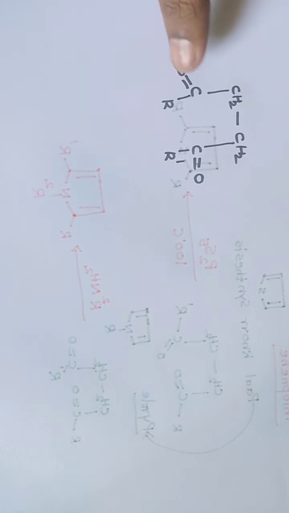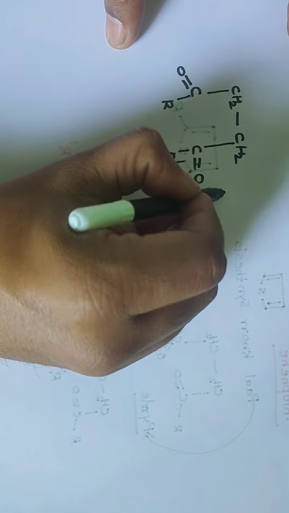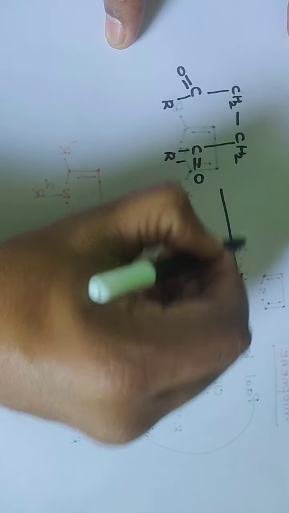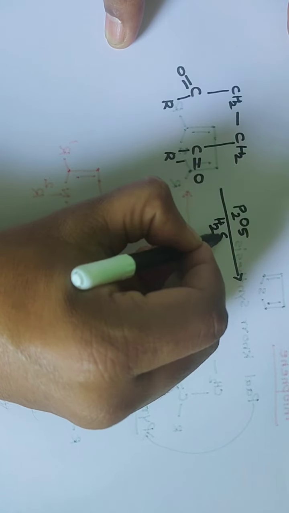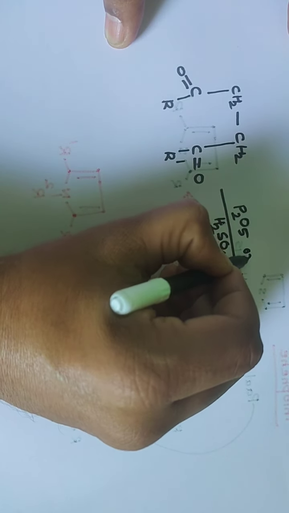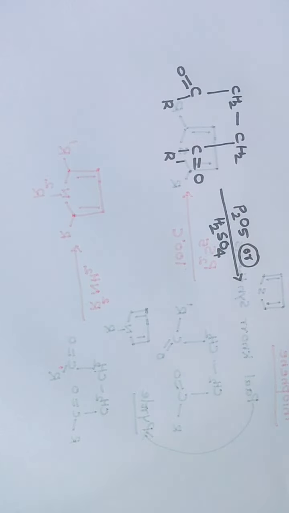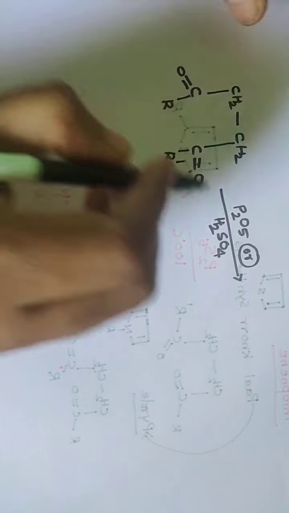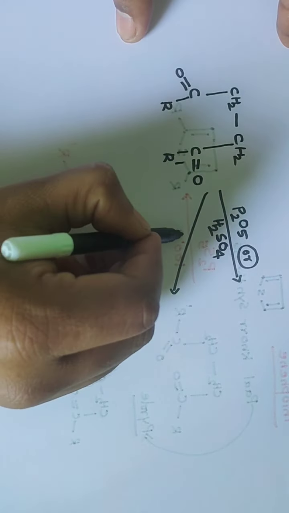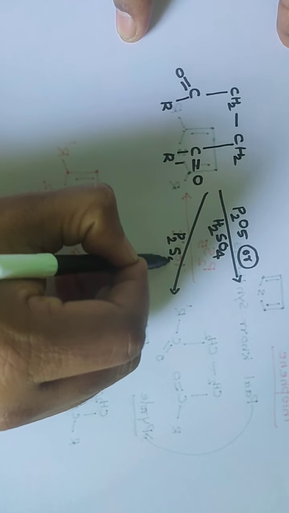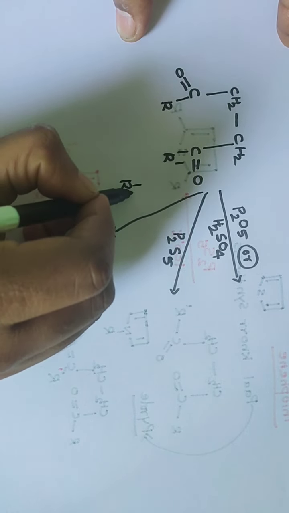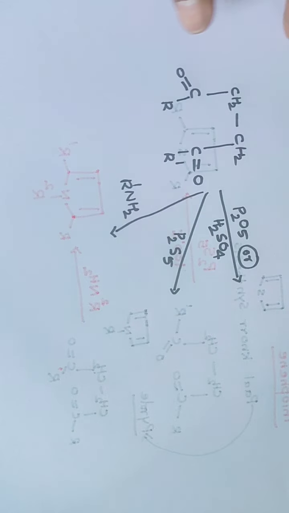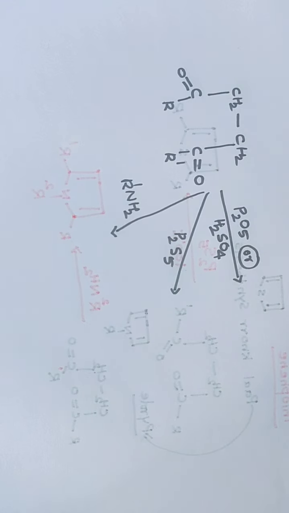If you treat this with phosphorus pentoxide or H2SO4, you get furan. If you treat this with phosphorus pentasulfide, you get thiophene. If you treat with this amine molecule, you get pyrrole.